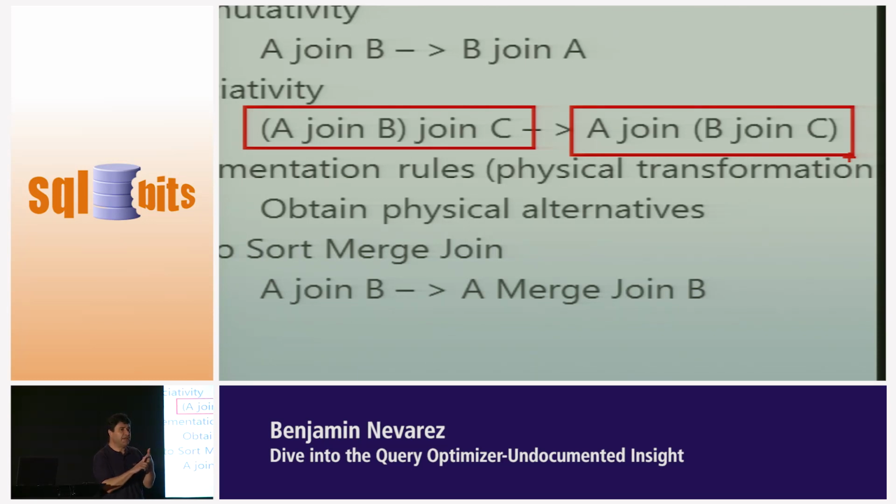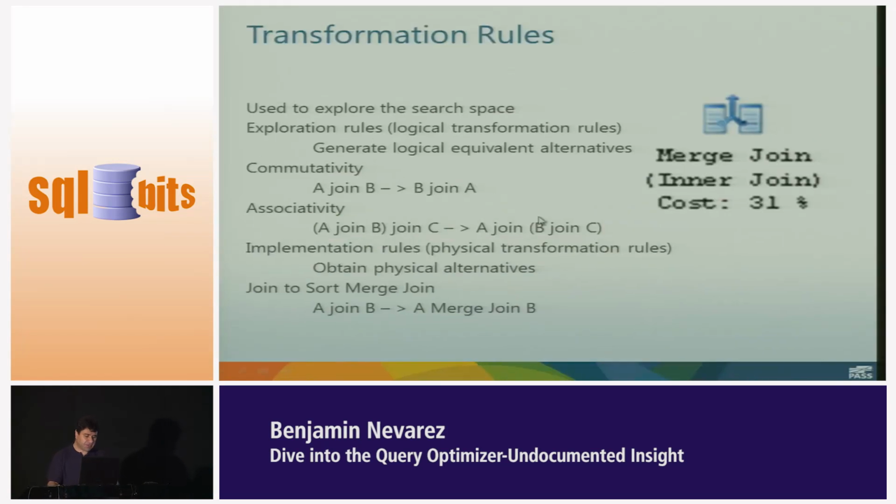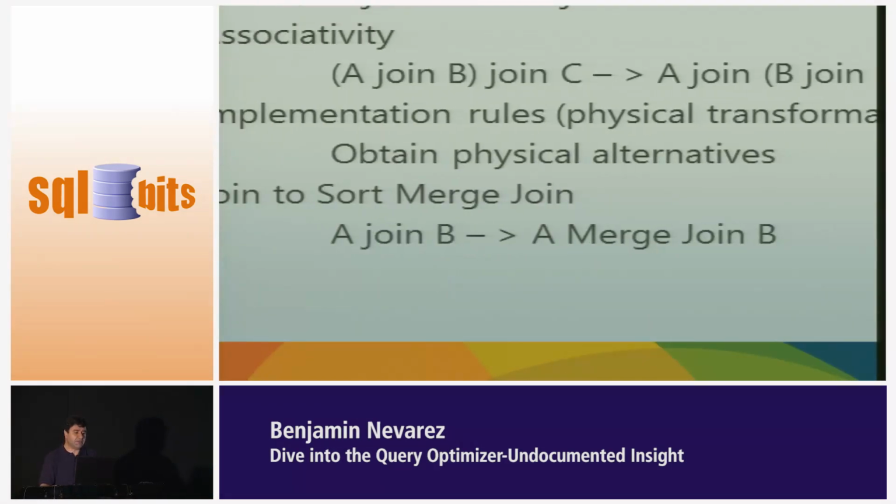You may have seen that when you're looking at execution plans. At this point on the optimization, everything is logical operations, right? But rules can also produce physical operations. So, and I show that one, for example, here.